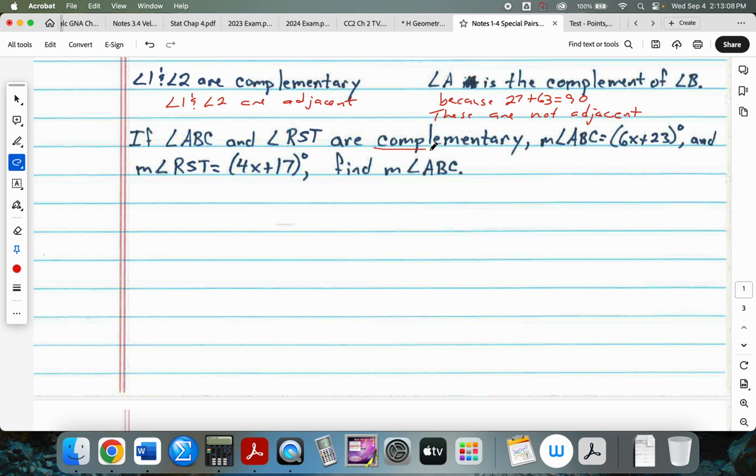Well, when it says that they're complementary, you need to know that we're going to add two things and set them equal to 90 every single time. So this is 6x plus 23 plus 4x plus 17 is equal to 90. Go ahead and work on solving that.